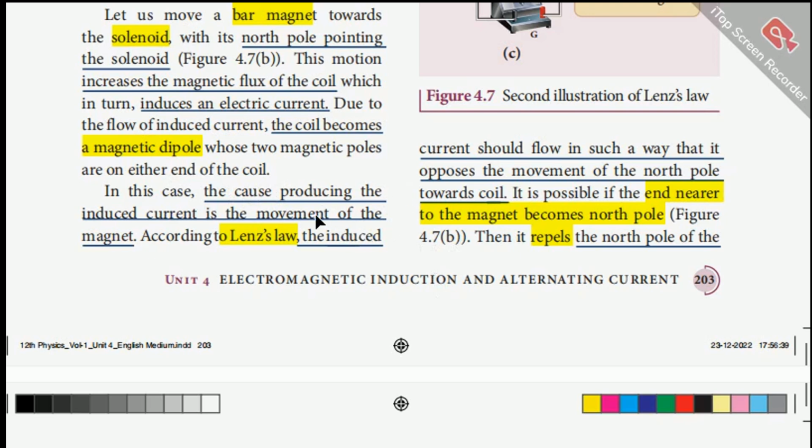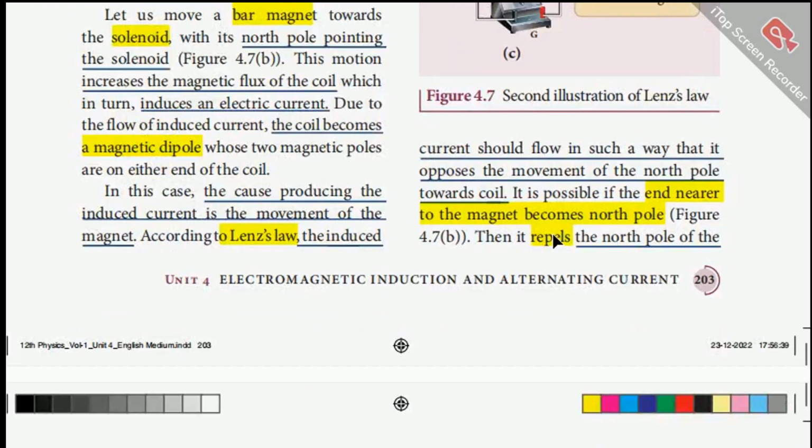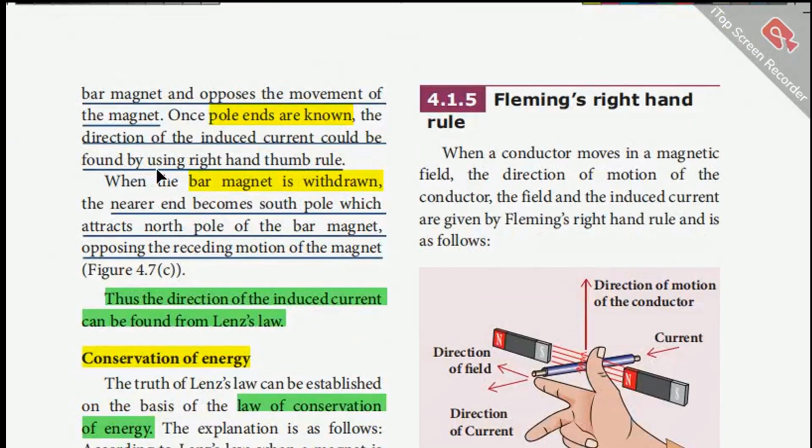As you know, the cause producing the induced current is the movement of the magnet. So, according to Lenz's law, this induced current should flow in such a way that it opposes the movement of the north pole towards the coil. It is possible if the end nearer to the magnet becomes the north pole, as shown in 4.7b here. So then it repels the north pole of the bar magnet and opposes the movement of the magnet.